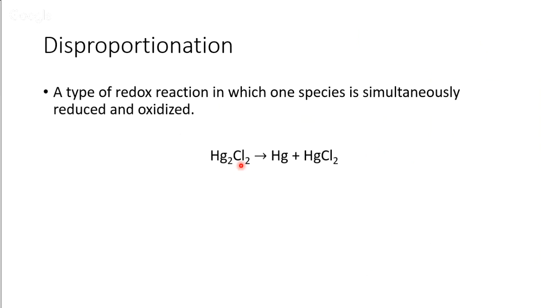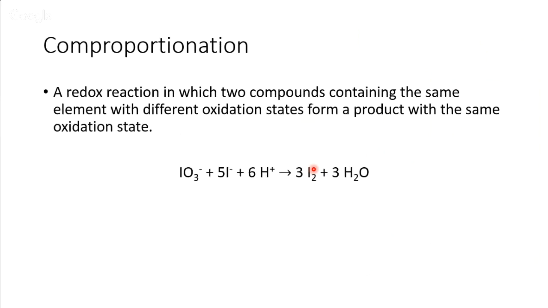In this case, mercury in Hg2Cl2 has a +1 oxidation number, where chloride is -1. Mercury by itself is a free element, so its oxidation number is 0. And mercury in mercury chloride has a +2 oxidation number. So this is an example of a disproportionation where a single element is simultaneously reduced and oxidized.